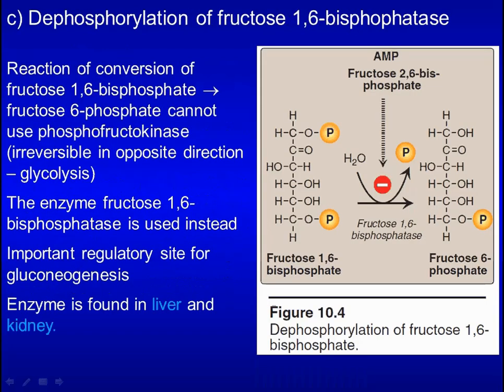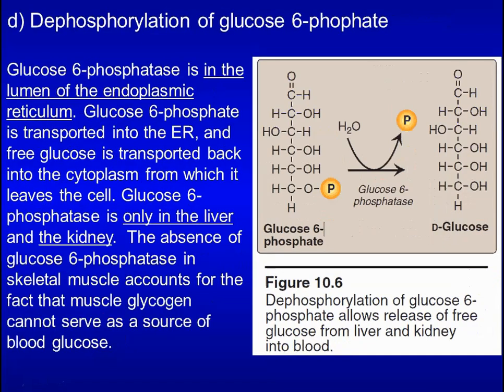The enzyme fructose 1,6-bisphosphatase removes one phosphate group from fructose 1,6-bisphosphate and converts this compound to fructose 6-phosphate. The enzyme is found in the liver and the kidney. Glucose 6-phosphatase removes the last phosphate group.